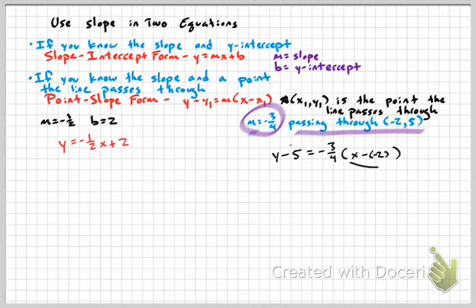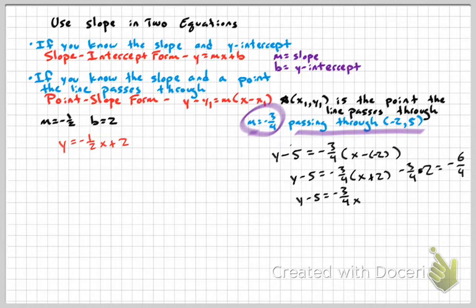So first thing you want to do is simplify in here. So don't even touch anything on the left yet. Don't distribute yet. So x minus -2 is x plus 2. Now I'm going to distribute that -3/4. y minus 5 equals -3/4 x. -3/4 times 2 is -6/4. That's going to reduce to -3/2.